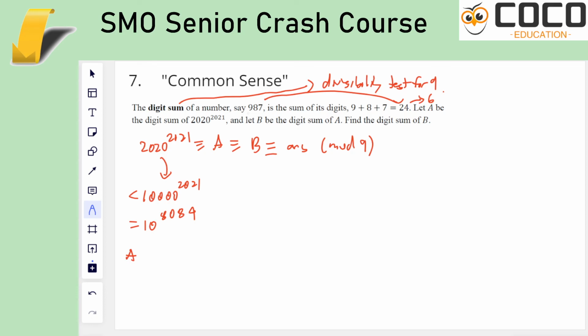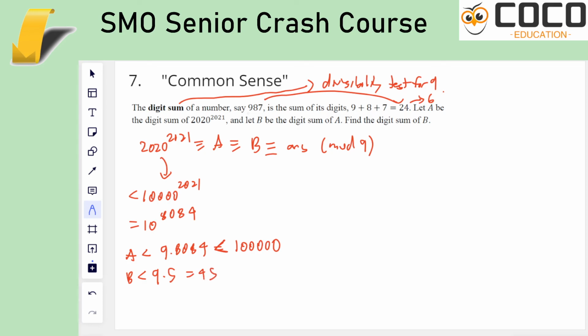Because immediately it means that A is less than 80,849, which is going to be less than 100,000. Very rough estimate. If B is the sum of digits of A, that means that it's at most 5 digits. So B is at most 5 nines, which is 45.